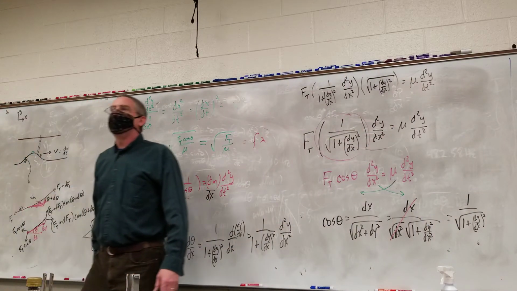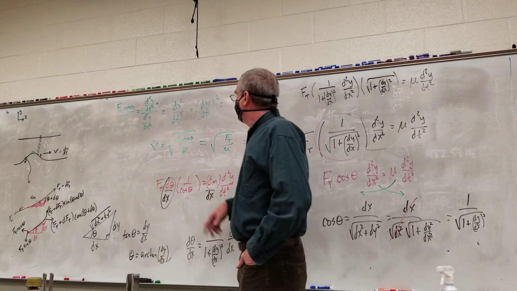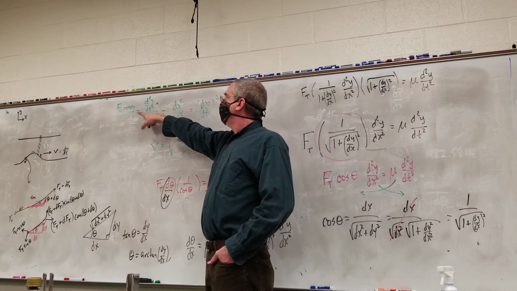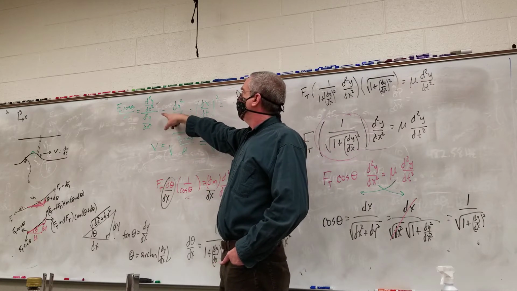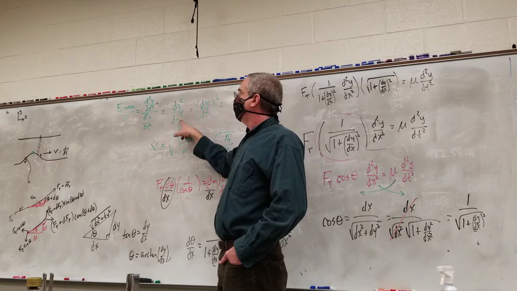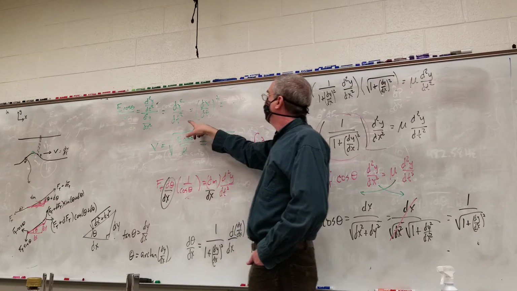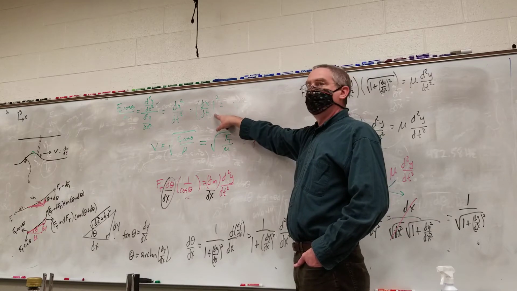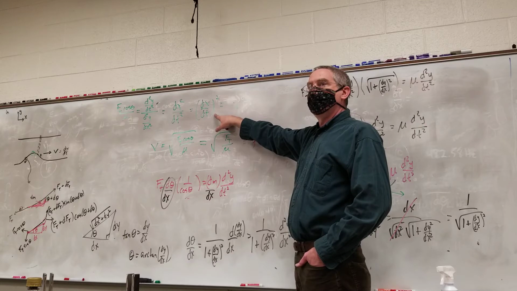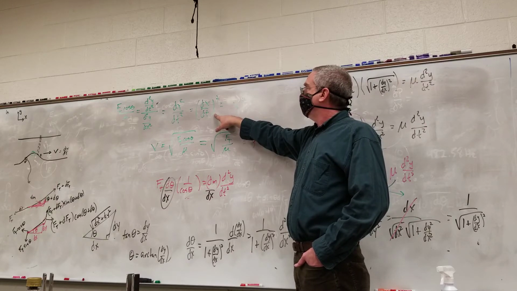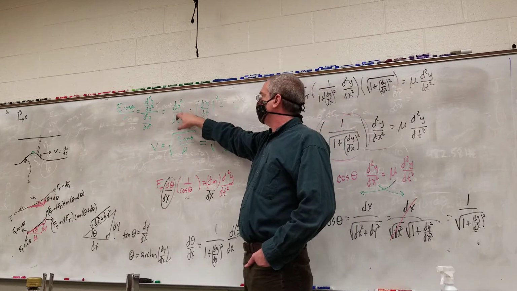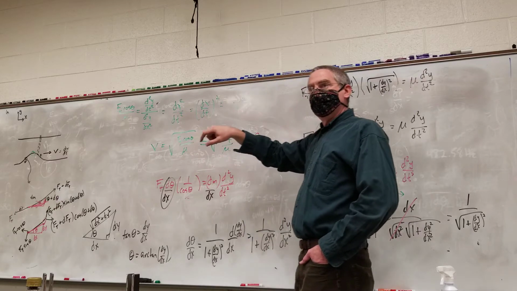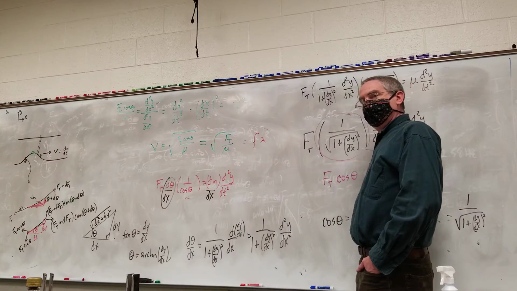George, in the thing you wrote in green there, in the first line at the top, you got a second derivative divided by a second derivative, and then suddenly you got a square. dv/dt is an acceleration, that's dx/dt.